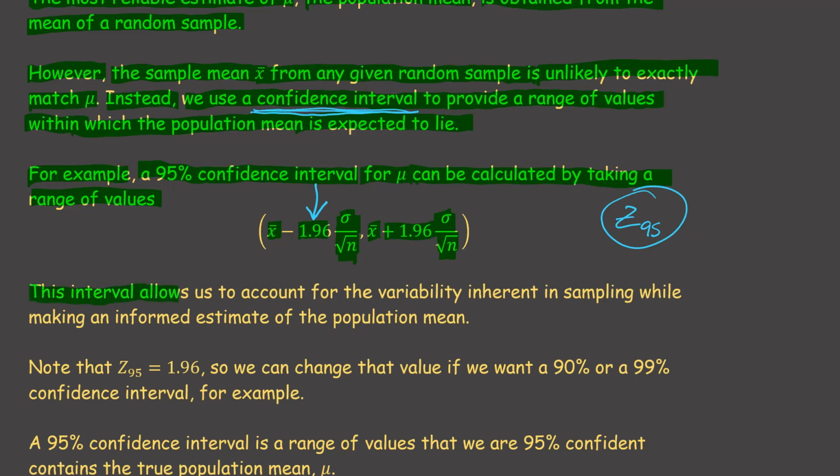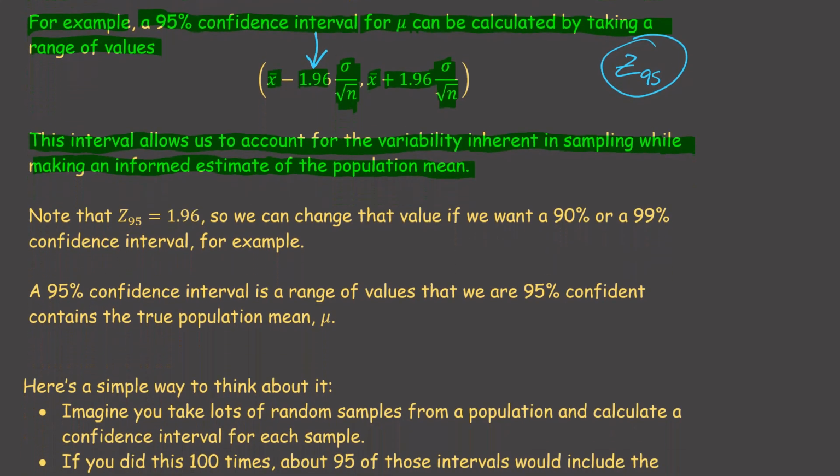This interval allows us to account for the variability inherent in sampling while making an informed estimate of the population mean. So instead of saying that our population mean is x bar, we're going to say the population mean has a 95% chance of lying between these two values.